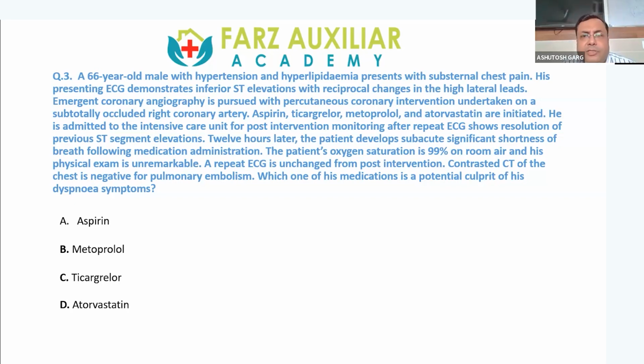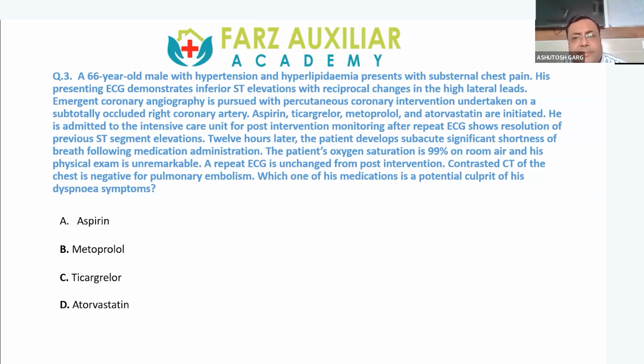Emergent coronary angiography is pursued with PCI undertaken on a subtotally occluded right coronary artery. Aspirin, ticagrelor, metoprolol, atorvastatin initiated. Patient shifted to ICU, and 12 hours later, the patient develops subacute significant shortness of breath. Oxygen saturation is 99%. Physical examination is unremarkable. Repeat ECG unchanged. Contrast CT of chest is negative for pulmonary embolism.